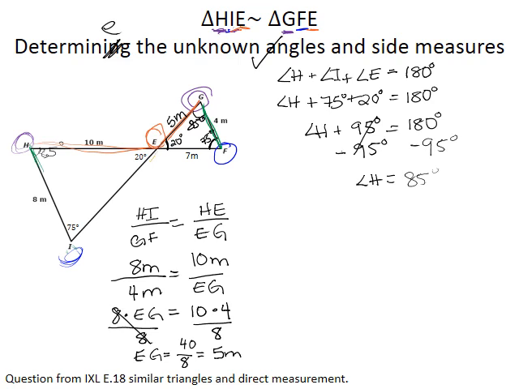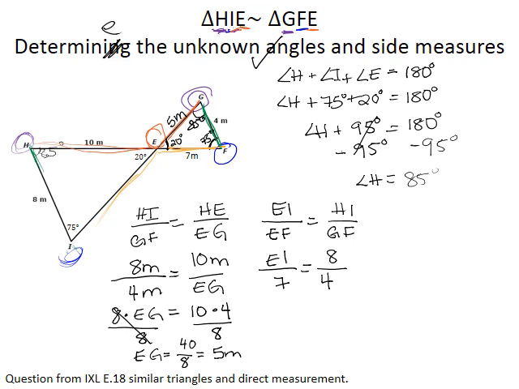The only other side we're missing is this side here. EI and EF are corresponding sides. Let's start with the side we're missing. So let's do EI over EF has to be equal, again, to our HI over our GF. So EI is a side we don't know, so let's leave it as EI, but we know the value of EF, it's 7, and that's equal to HI, which is 8, over GF, which is 4.